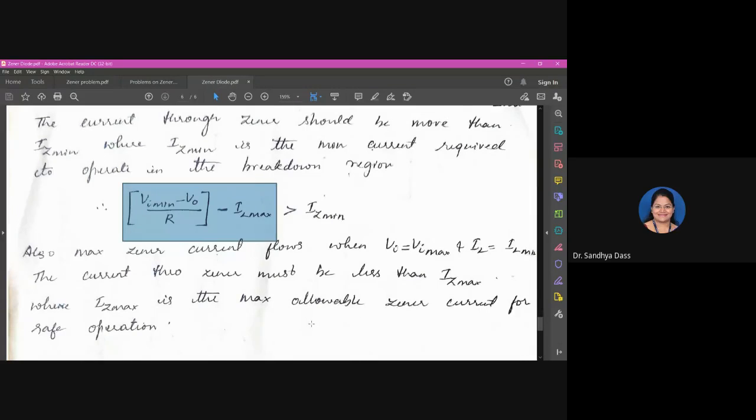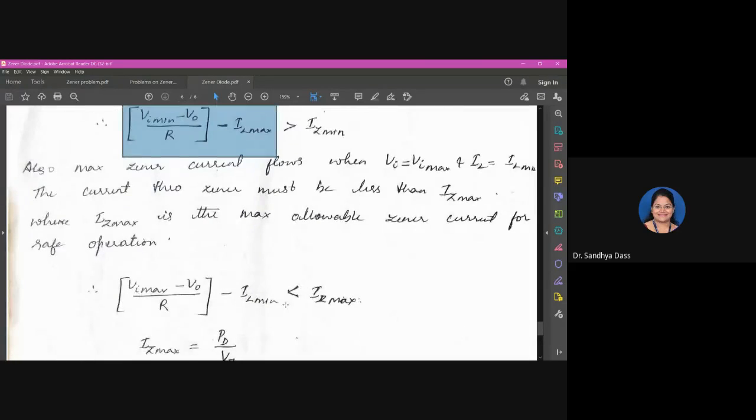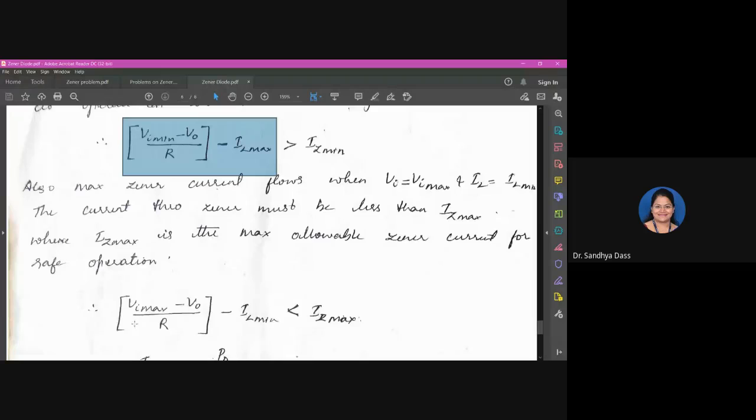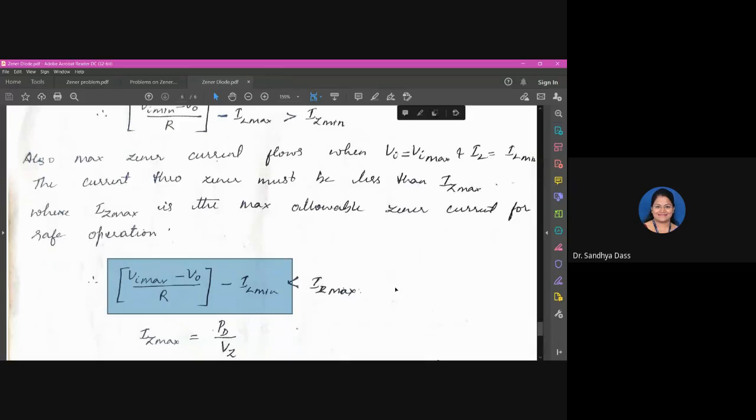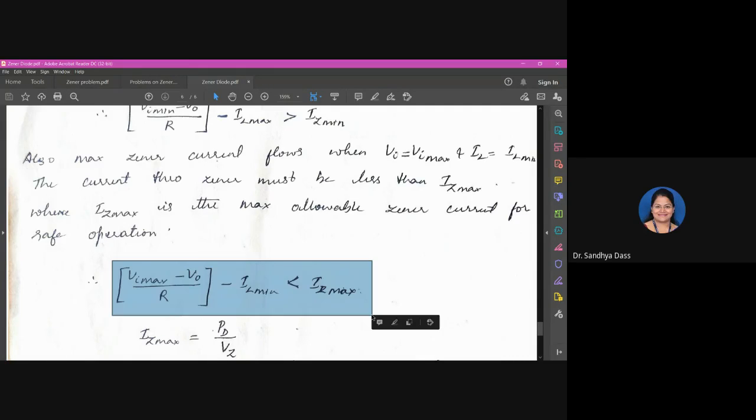And for Iz maximum, this difference, Vi max minus V naught by R minus IL minimum, should always be less than Iz maximum. Again, to keep the Zener diode within the breakdown region and to maintain the constant output voltage across it.